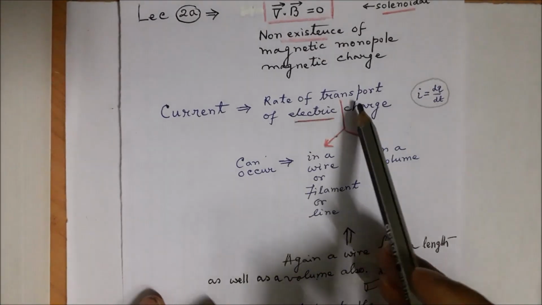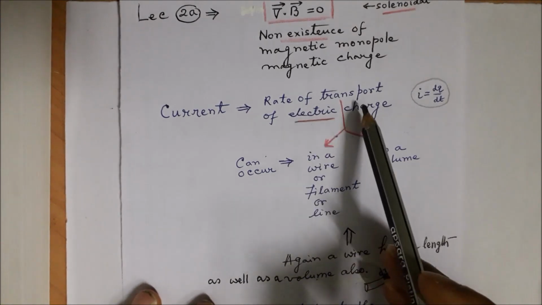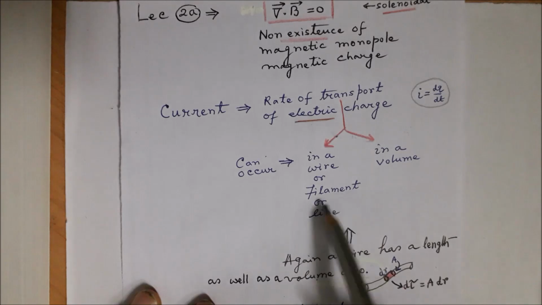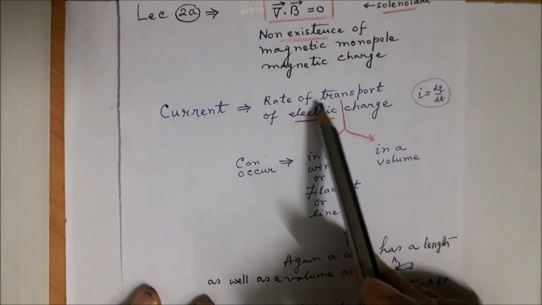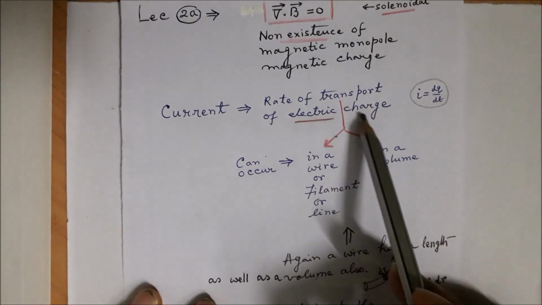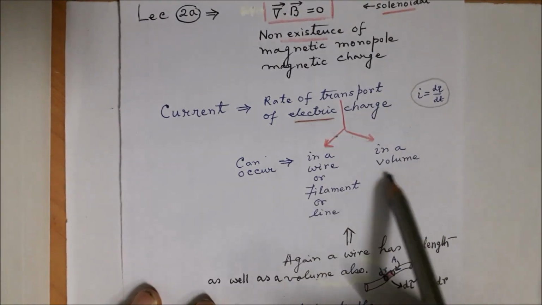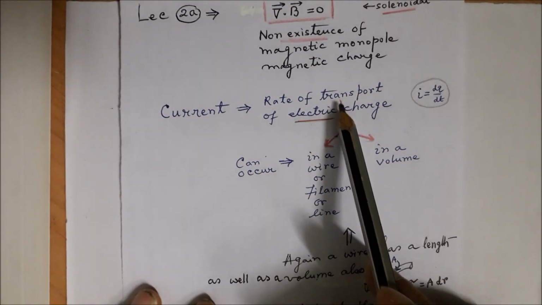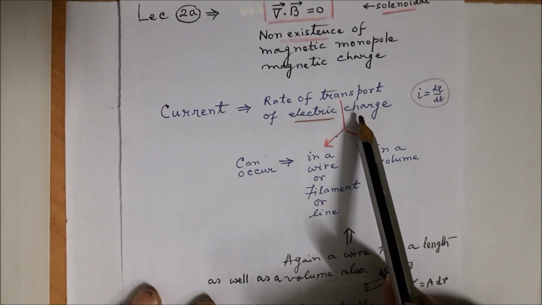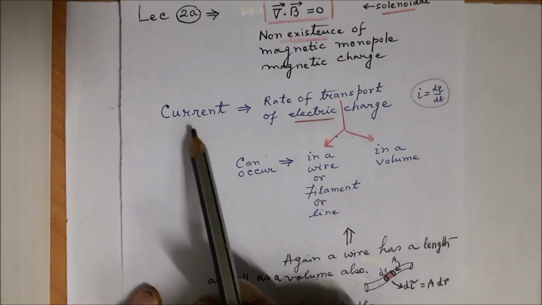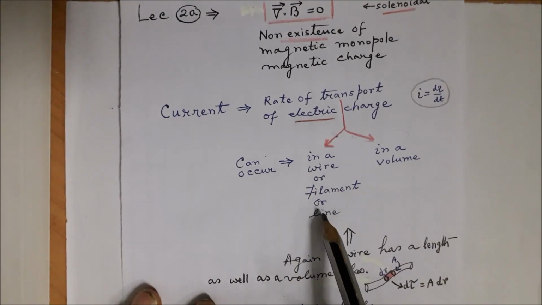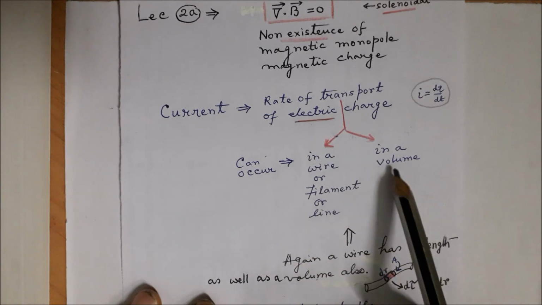Now, this transport or movement can occur in a wire or a filament or a line, or transport of electric charge can occur in a volume. So, there are two types of transports of electric charge that give rise to current, either in a wire or filament or line, or in a volume.